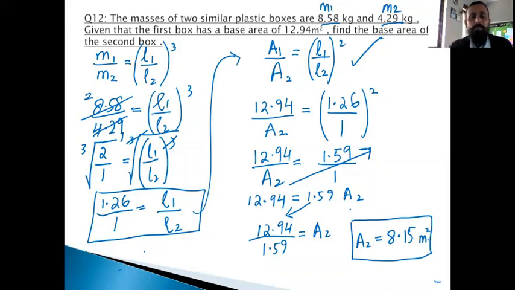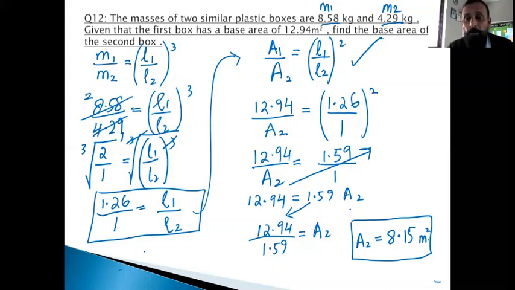So boys and girls, this was a very different question. I'm not saying difficult, it was different because it's a mixed blend of masses and area. What we have learned earlier, when we have masses, we have corresponding lengths. So with the help of these masses, we calculated the ratio of the corresponding lengths, and then we plugged in those values of the lengths in finding the unknown area.